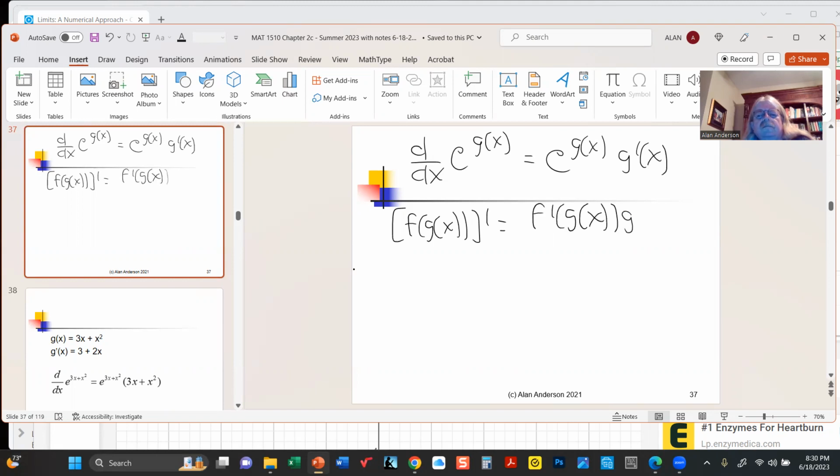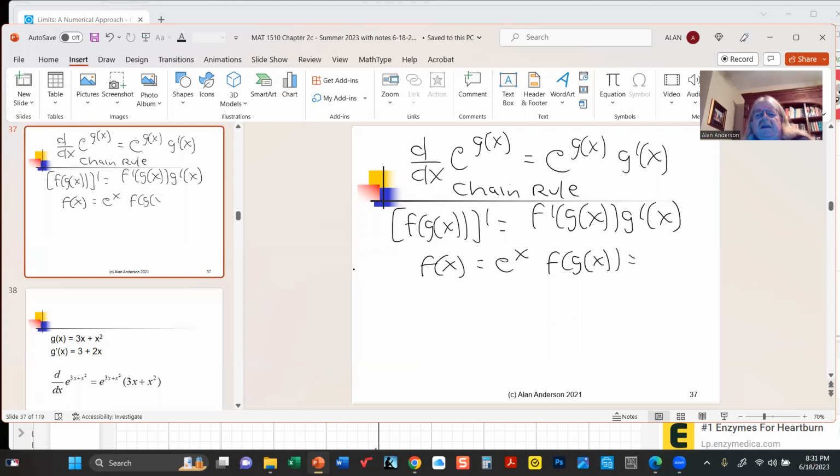Okay, so here's a rule from the chain rule. Let's say that f of x is e to the x. f of g of x would therefore be e to the g of x.